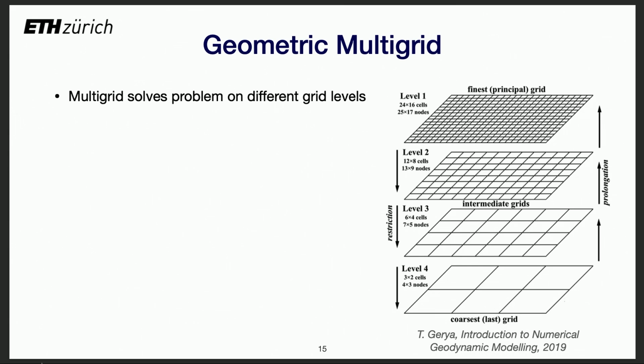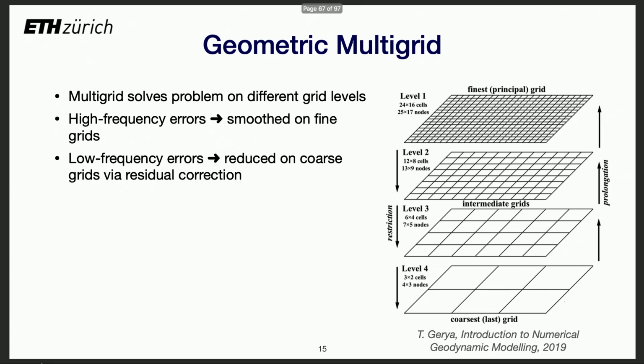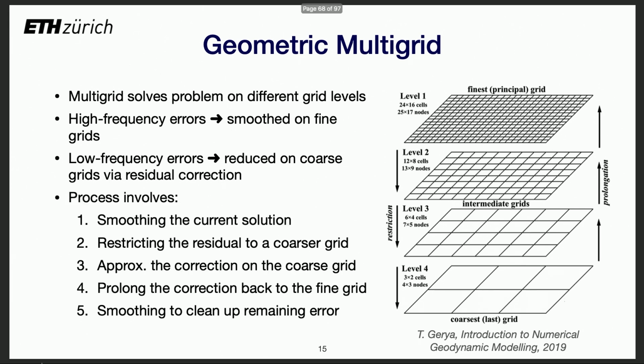The idea of a multigrid solver is that you solve the same problem on different grid levels, which have different resolutions. The high frequency errors are smoothed, or solved for, on the very fine grid, and the lower frequency errors are reduced on coarser level grids via residual correction. The idea is that on the coarse grid, information propagates much quicker compared to working directly on the fine grid.